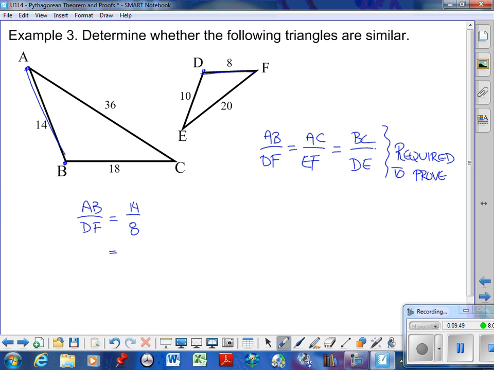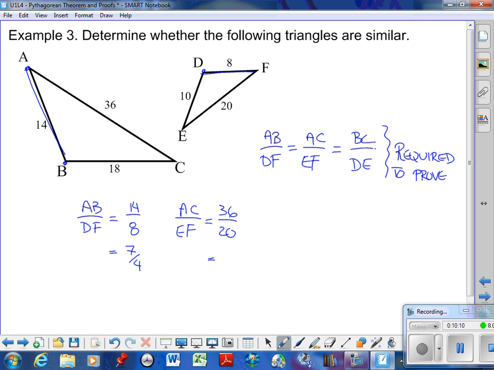and I'm going to reduce it because I want to keep it as an exact value. They both divide by 2, so I get 7/4. I'm going to leave it like that for the moment. Moving across, I'm going to look at AC and EF. AC is 36, EF is 20. So I want to reduce that fraction.